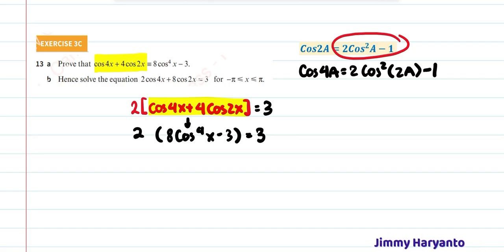Equals to 3, and then I think I will move the, no, let's multiply it first.